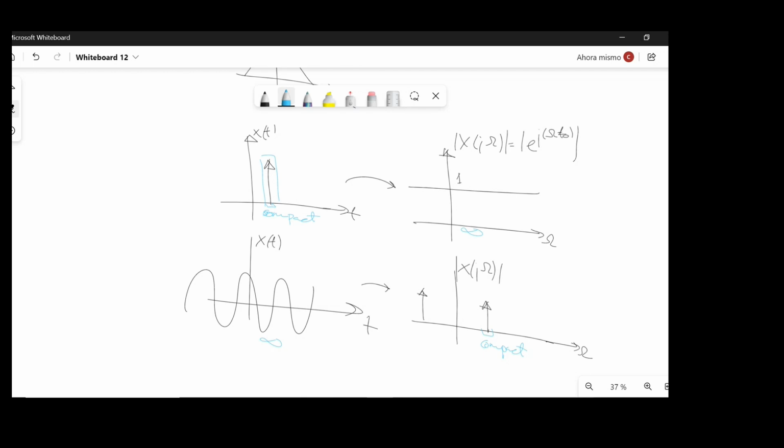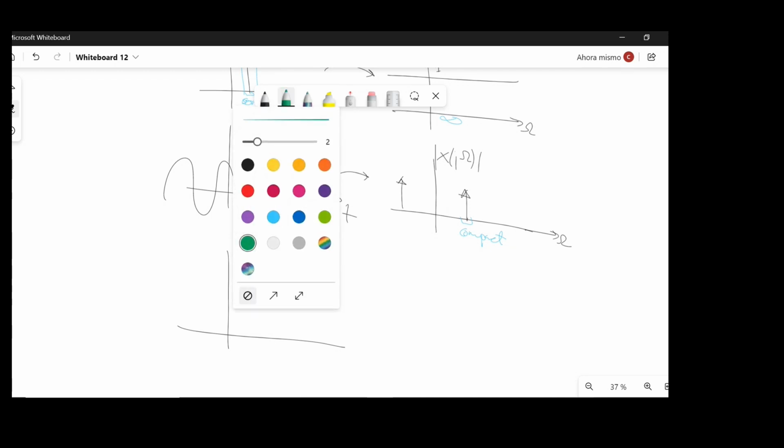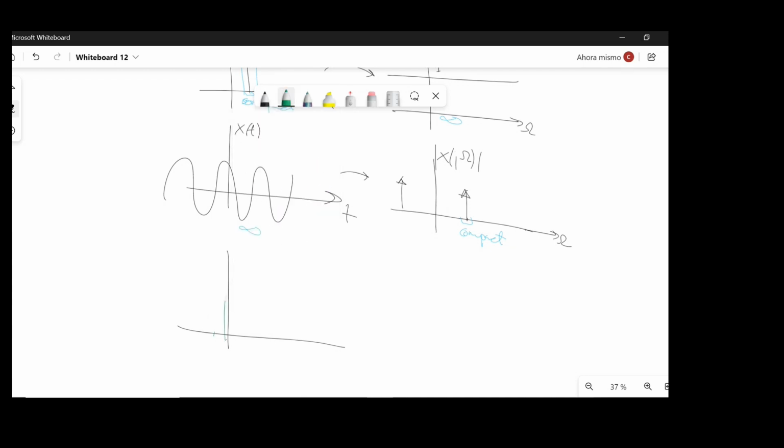Actually, there is a relationship between the two. So let's say that you have now a faster cosine. So we use different colors for this. You have a much faster cosine like this.